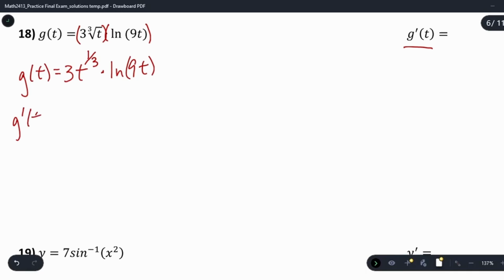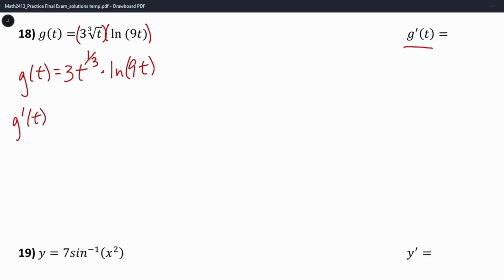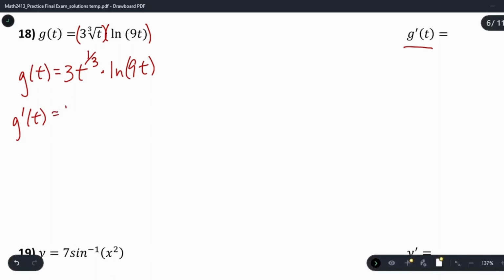The derivative of g of t says we're going to take the derivative of the first, 1/3 times 3 is 1, t to the 1/3 minus 1 is negative 2/3. That's the derivative of the first times the second, plus the first, 3t to the 1/3, times the derivative of the second.